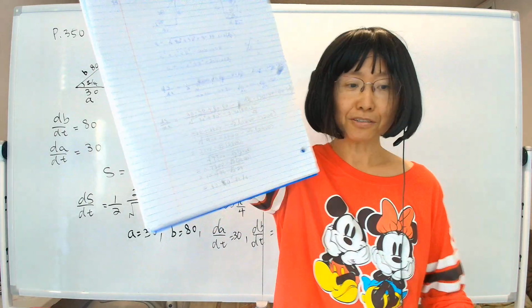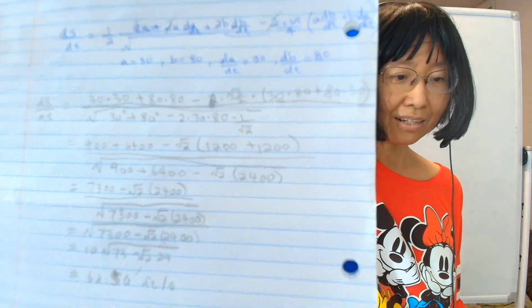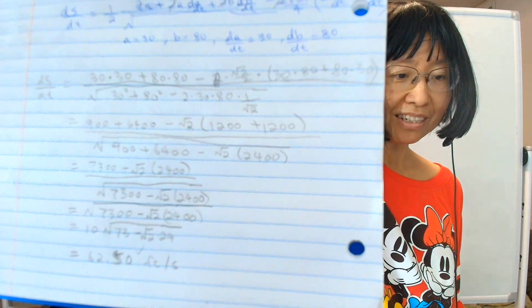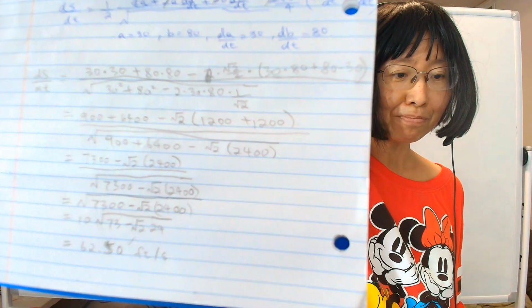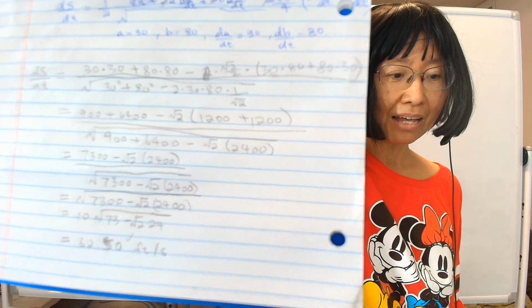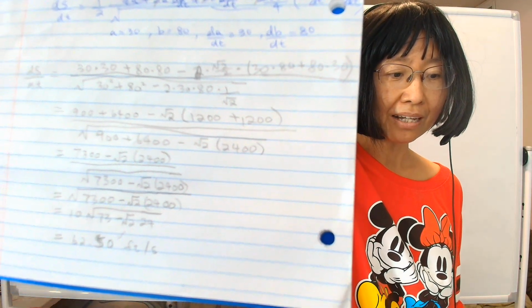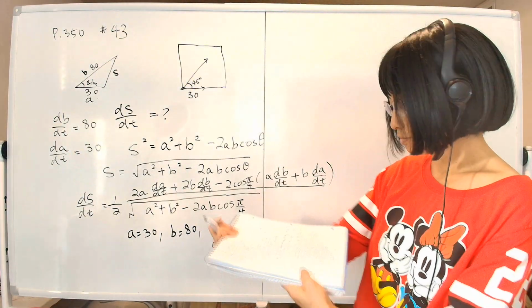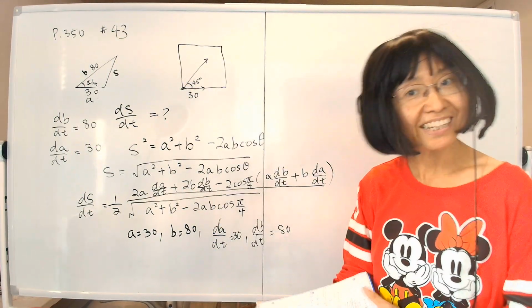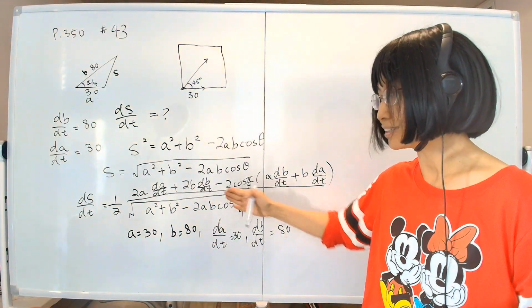Now I will show you what I wrote. See, and what's good is I didn't even mess up. After plugging all that stuff in and working things out a little bit, you get the answer of 62.5 feet per second, and that's the answer after you patiently plug it all in.